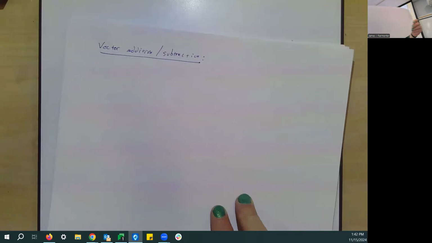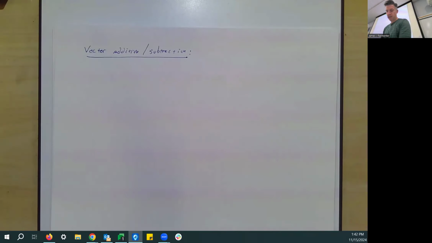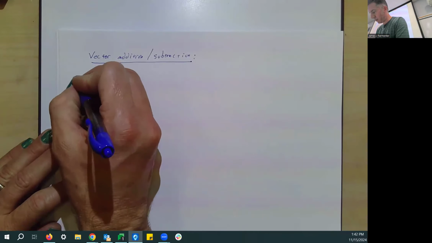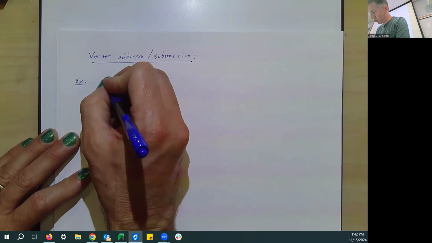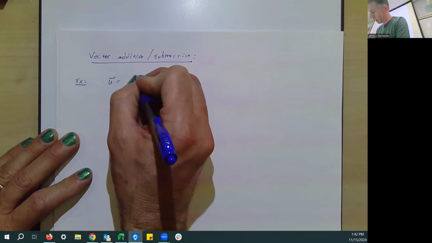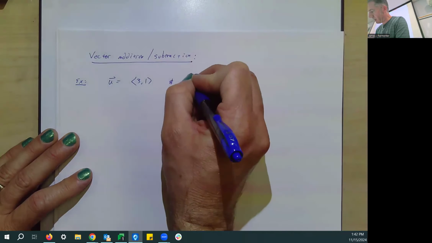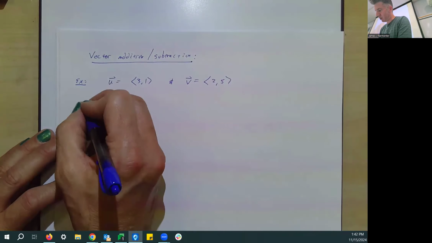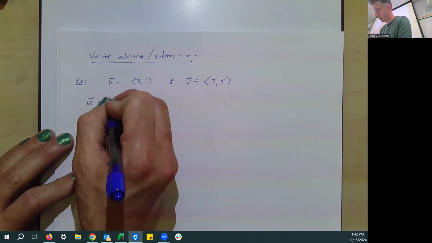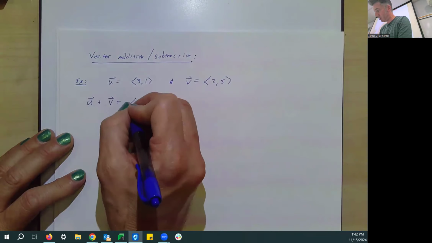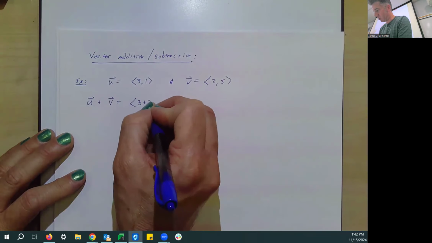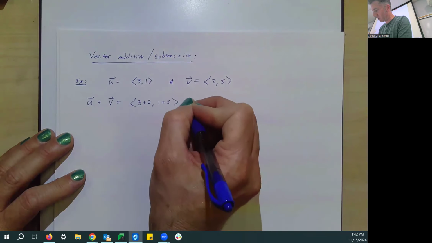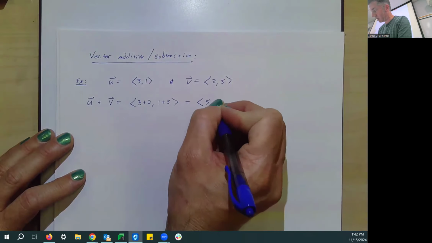So for example, if I was trying to add the vectors, say u equal to 3 comma 1 and v equal to 2 comma 5, well, the resulting vector u plus v is just going to be 3 plus 2 comma 1 plus 5, which is going to be the vector 5 comma 6.